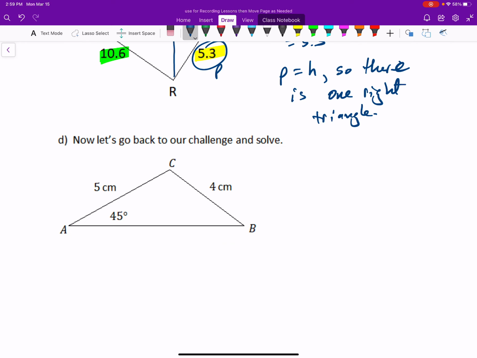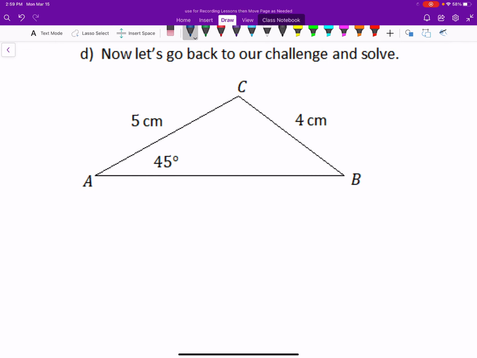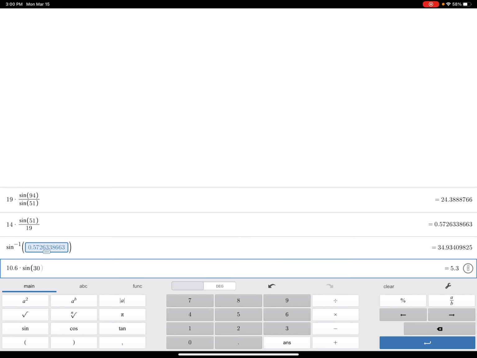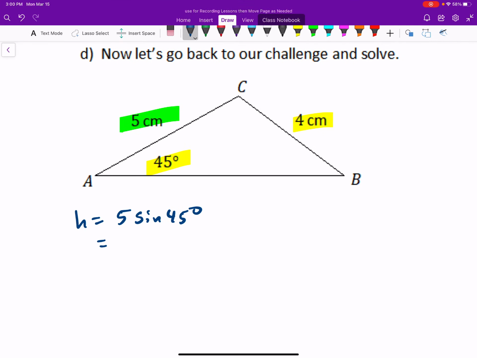Let's go back to our original challenge question and check the numbers on it. So now we know there's A and A, there's side B. The height is going to equal 5 times the sine of 45 degrees, which is 3.5.